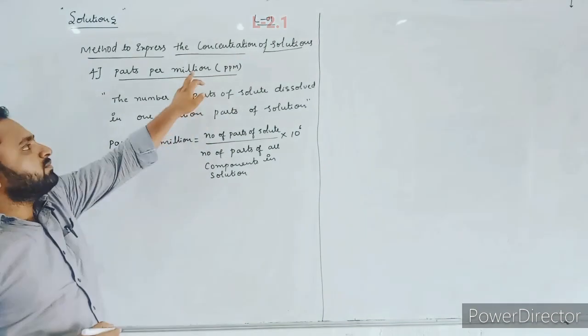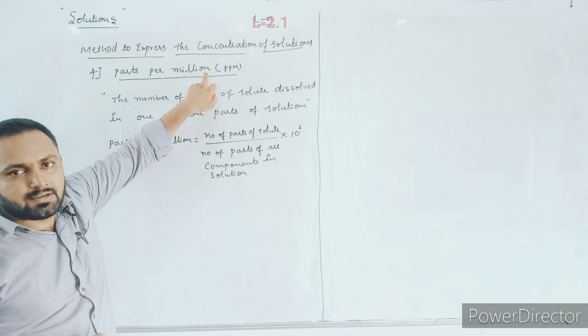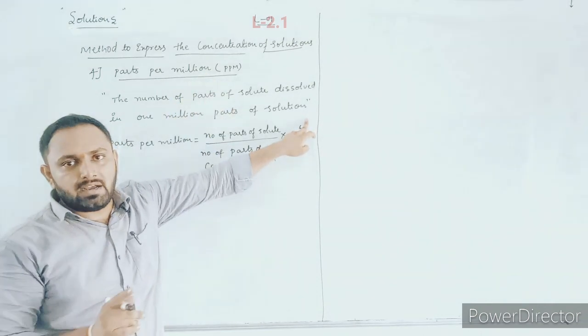Why? Because 1 million. Here the total solution is considered to be 1 million parts. That's why here you have to write 10 power 6, not 100.